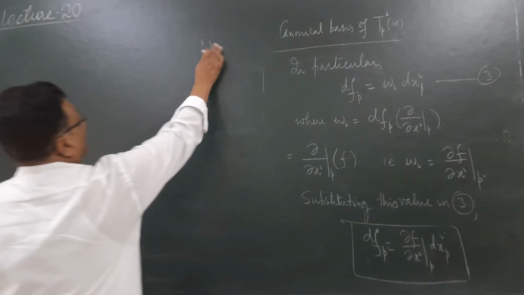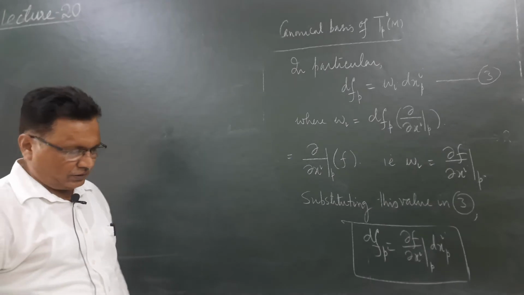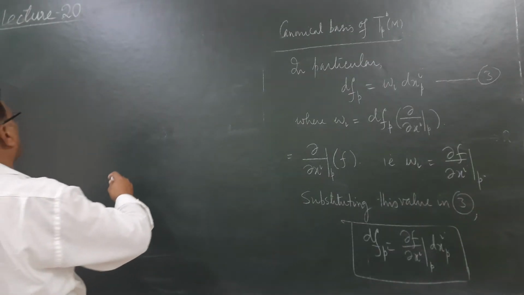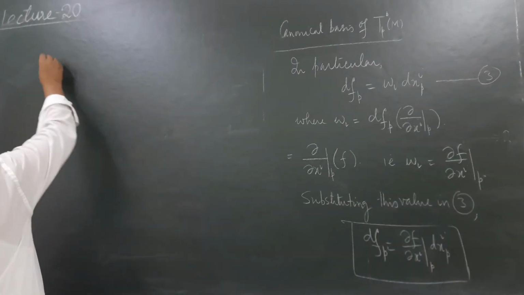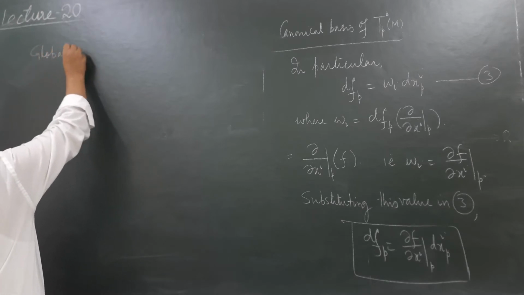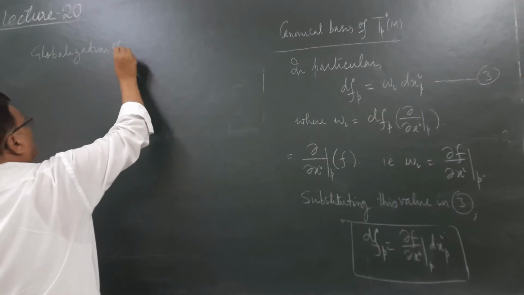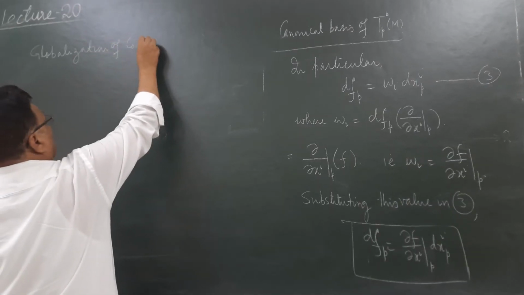So first let us globalize, after that we will talk about the law of transformation. So, globalization of covectors.